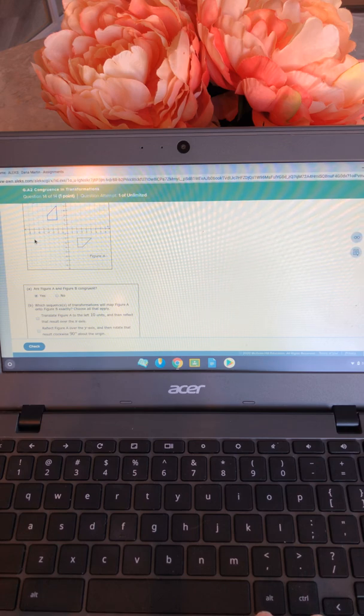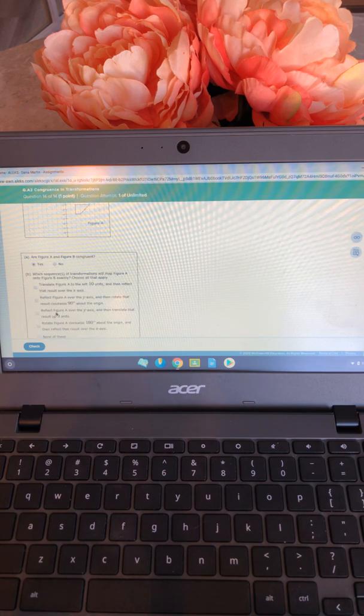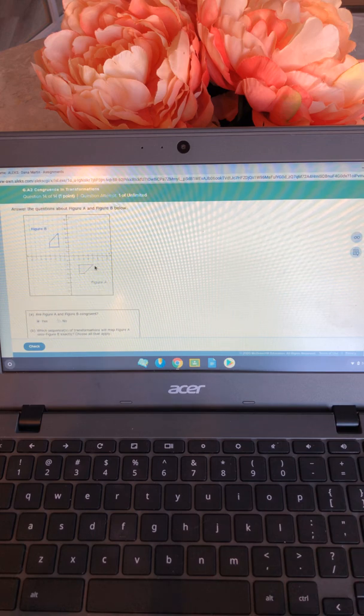And then rotate that result 90 degrees clockwise. If I'm gonna end up here and it tells me to go clockwise, and I know when I rotate, if it's on its side, it's gonna rotate up, then I know that this is gonna be my answer. But just to prove it, I'm gonna show you. Reflect over the y-axis and then translate 9 up, okay? So if I reflect it, it's on its side. So when I translate it up, this shape is still on its side. So nope, that didn't work.